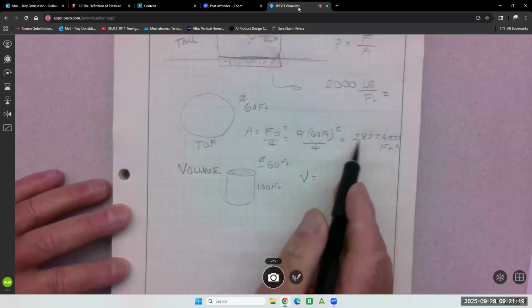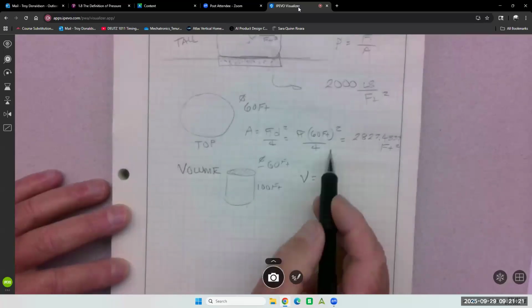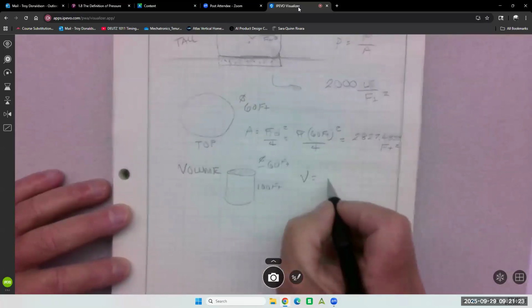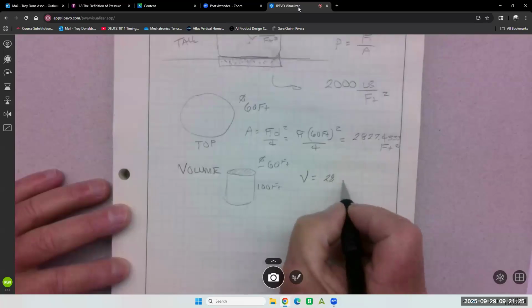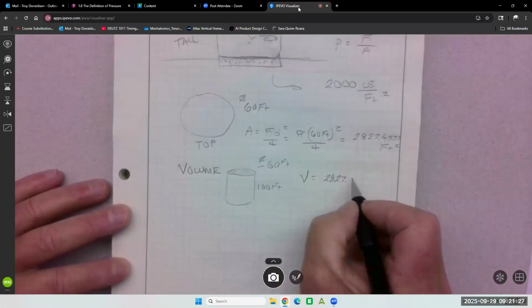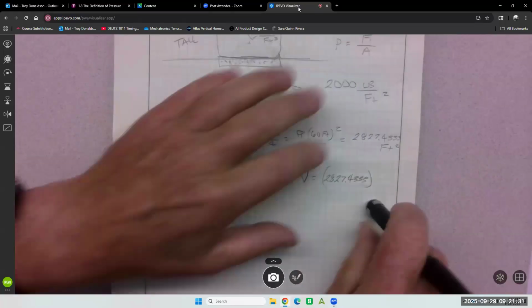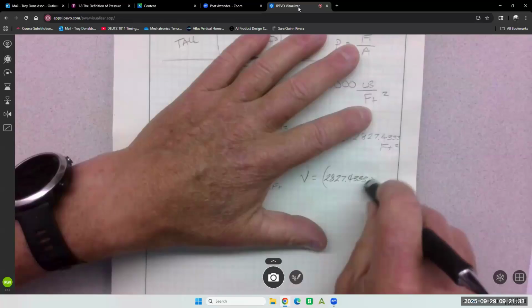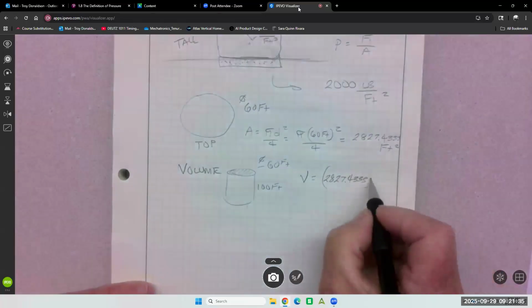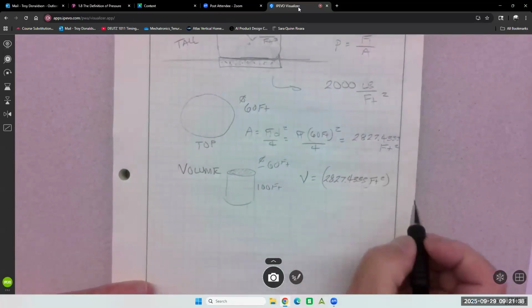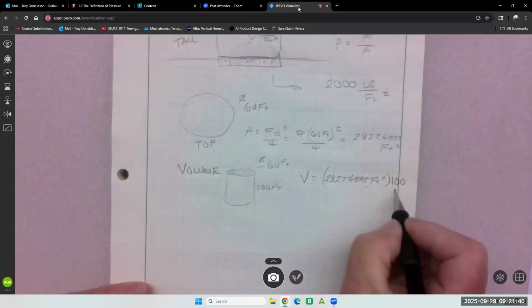Well, we did area. We have that number. Should put the unit on there. We just need it times the length, 100 feet.